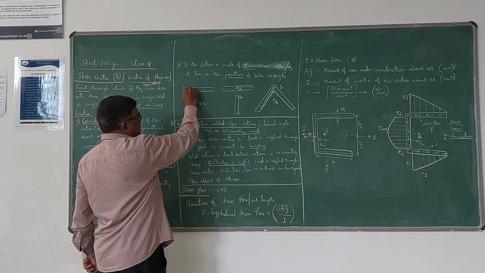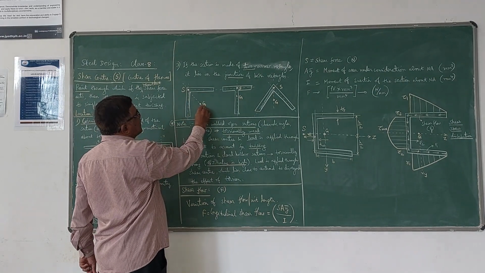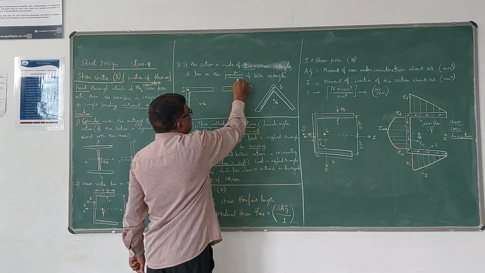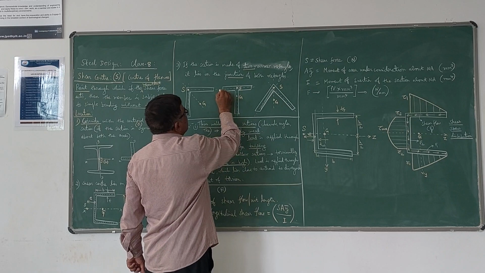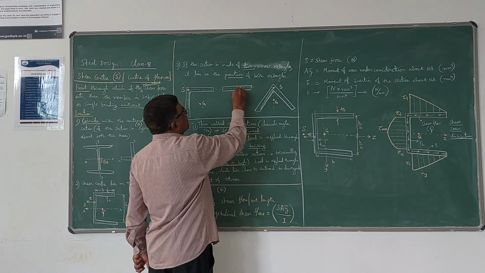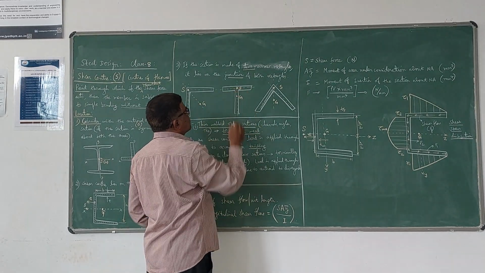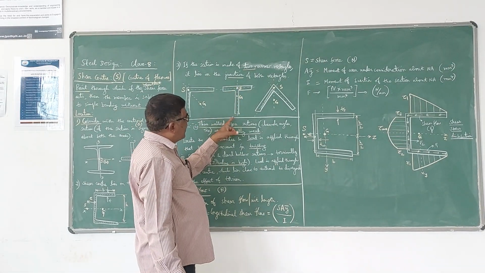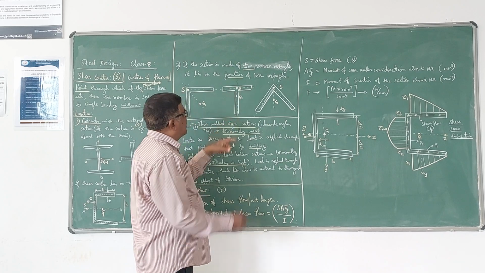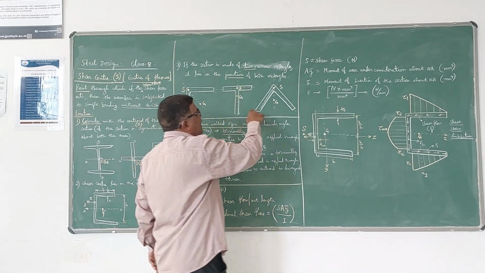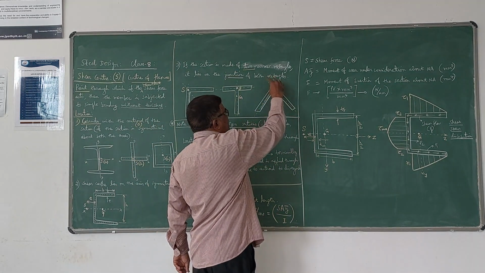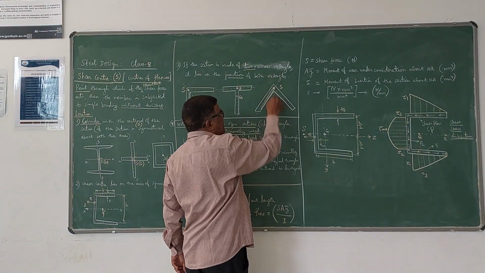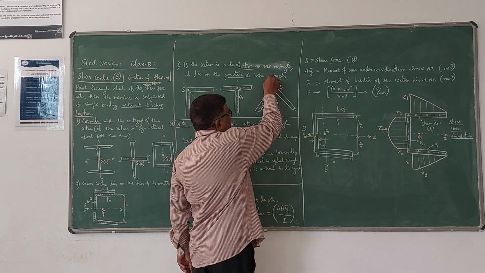Here the shear center lies, and the centroid lies somewhere along the axis of symmetry, which is this y-axis. Similarly here, the intersection of these two center lines represents the shear center, and the centroid is here along the axis of symmetry.